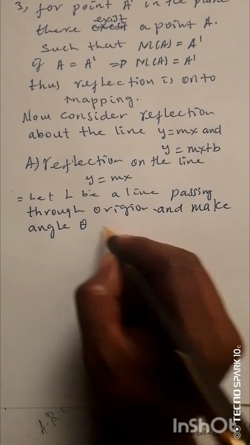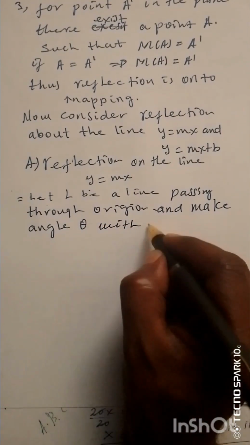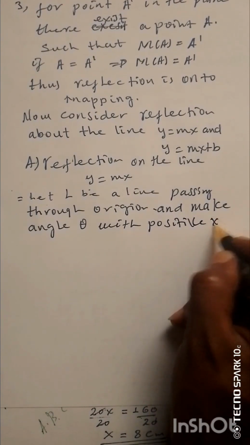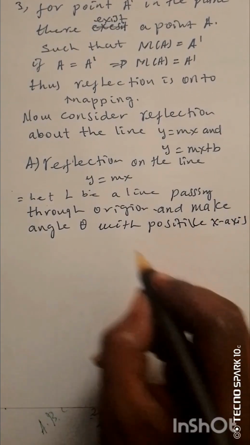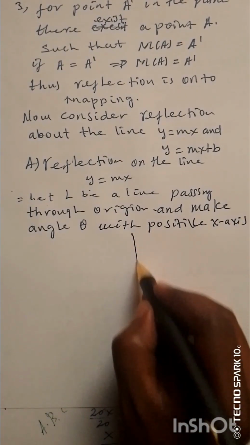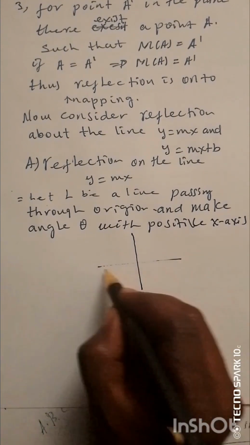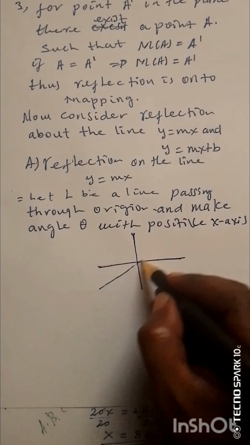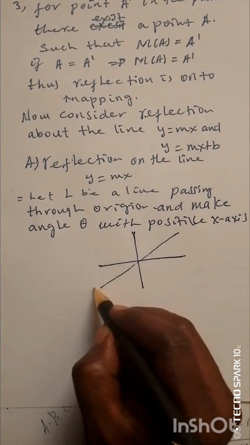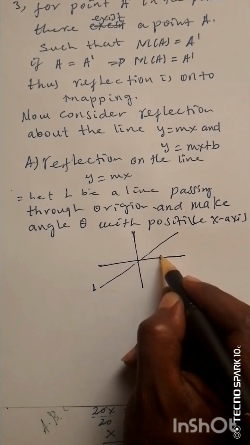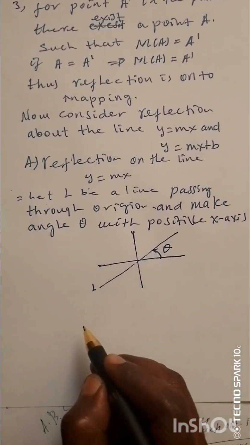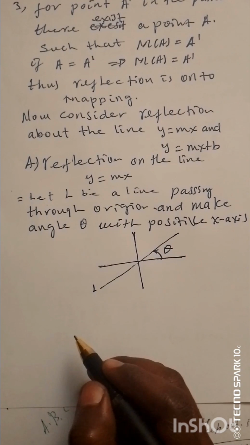In this case, theta is equal to 0. And this line is a line L, and the angle theta is measured from the positive x-axis to the line.